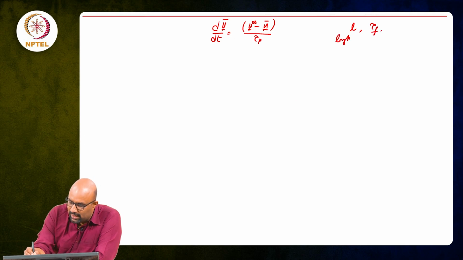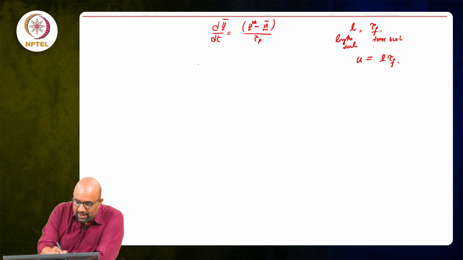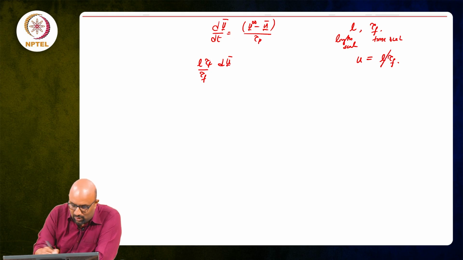Which means you can construct a velocity scale, which would be L by tau f, velocity being length by time. And time is scaled by tau f. So, this is all non-dimensional.